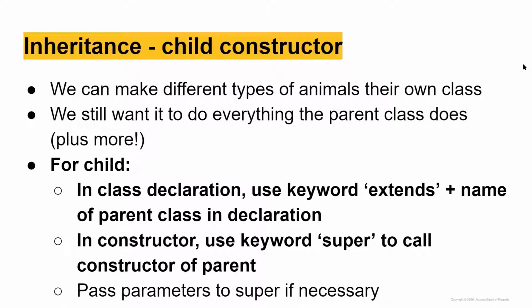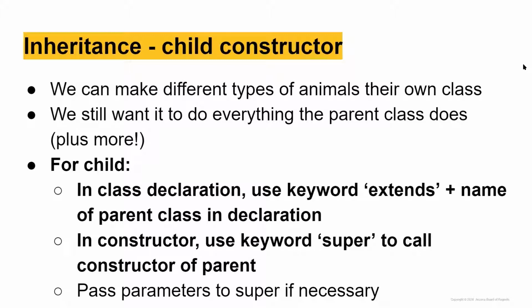This lets the compiler know that we are basically copying everything over from the parent class into this new class. And then we're going to change and add things on top of that as we want to.